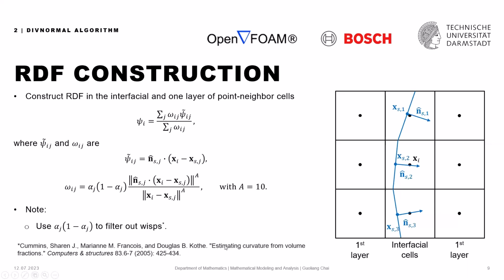I think this should be the original paper to calculate the curvature using RDF. We only calculate our RDF in the interfacial cells and their first layer neighbors, rather than the previous one, which calculates for 3 layers. We don't need the index octree, only layer by layer.